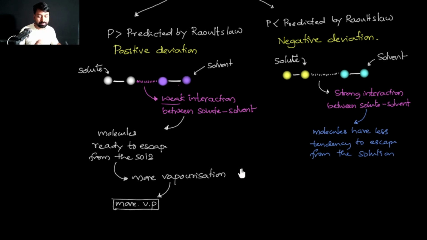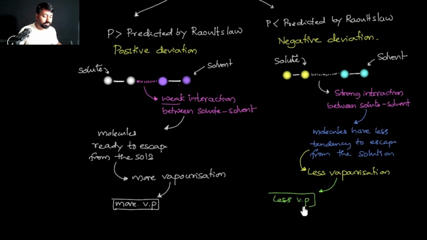If fewer molecules escape, less vapor is produced, so vaporization is very low. If the vaporization is less, the vapor molecules colliding with the wall of the container and exerting force on the surface of the solution also become fewer, resulting in less vapor pressure.